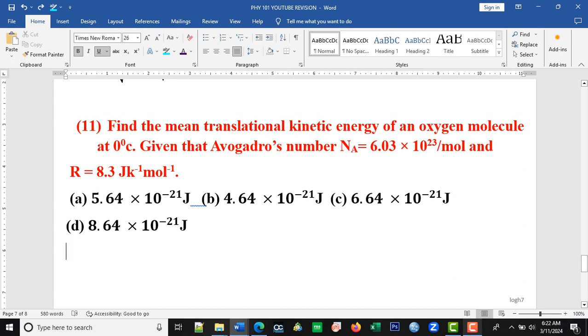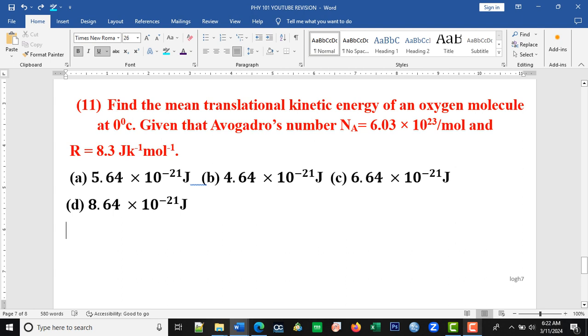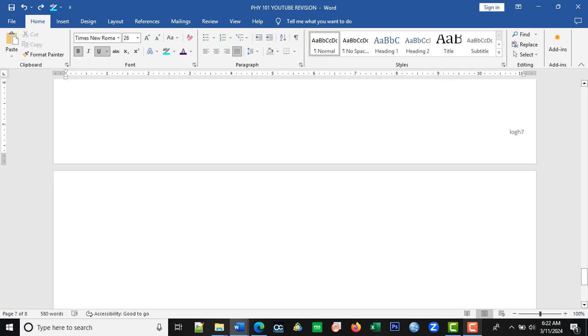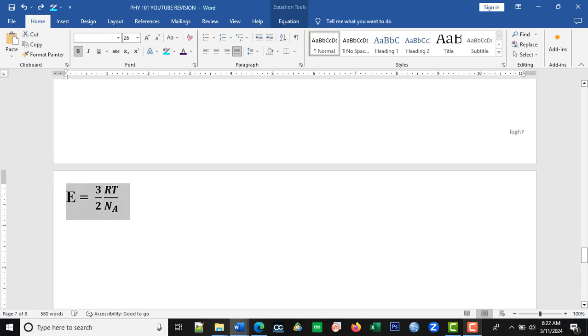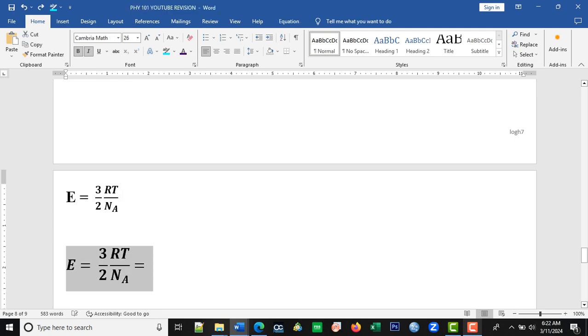So we are to find the mean translational kinetic energy. We pick a suitable expression, E equals 3 over 2 RT all over NA. We substitute the given values into the expression.